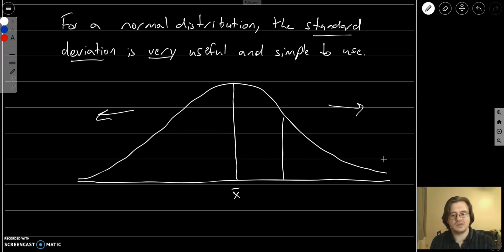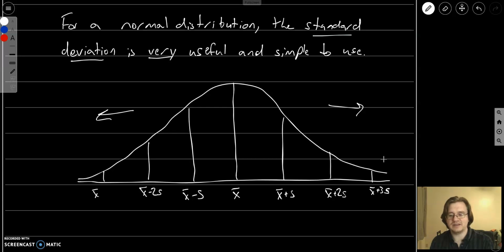We could be 1 standard deviation above the mean, 2 standard deviations above the mean, or 3, or even more. On the other side, we could be 1 standard deviation below the mean, as in the mean minus 1 standard deviation. We could look at the mean minus 2 standard deviations, or even the mean minus 3 standard deviations, and so on and so forth.